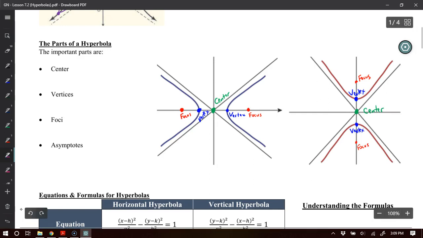Now, asymptotes are to be graphed with dashed lines. In this case, I have them as solid lines so we can see them a little bit more clearly. So you have an asymptote here, and you have one here. And the same thing on the vertical. You have an asymptote here, and you have one here.